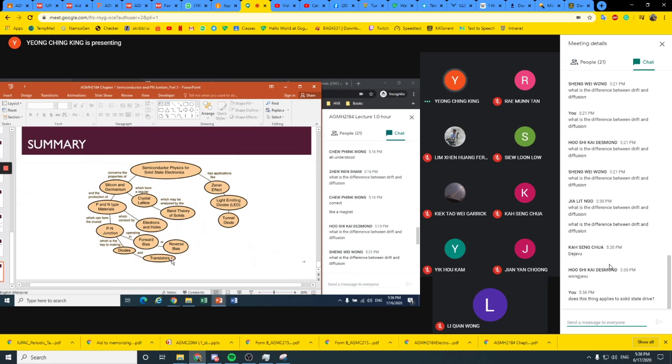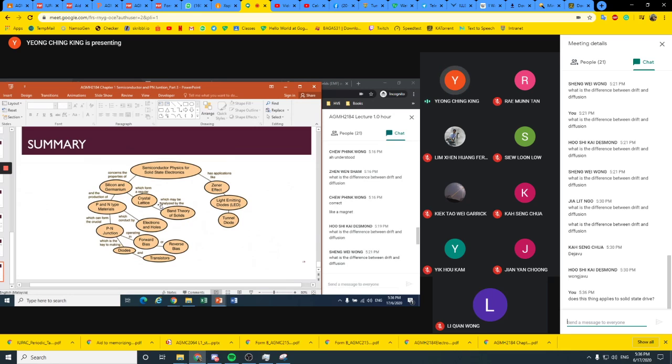Because of forward bias and reverse bias, this property can make the diode act like this time it is on, and another time it is off.